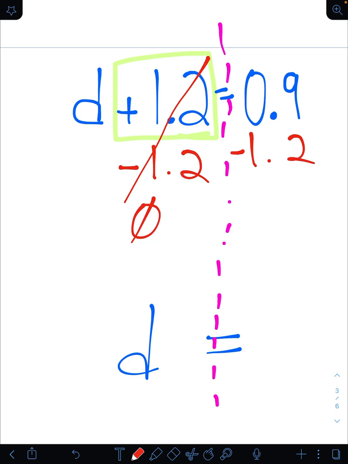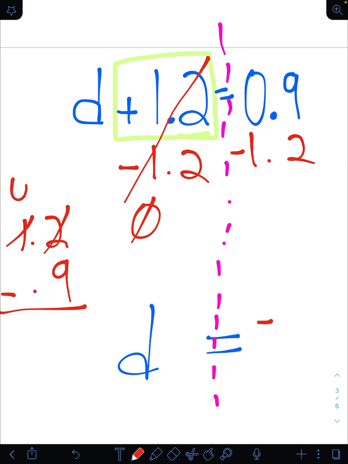So, now we got to do 1.2 minus 0.9. Well, which one's bigger? The 1.2 is bigger. So you take the sign, and then you just subtract like normal. 1.2 minus 0.9. Okay? You may be able to do that in your head, jump up to 0.3.